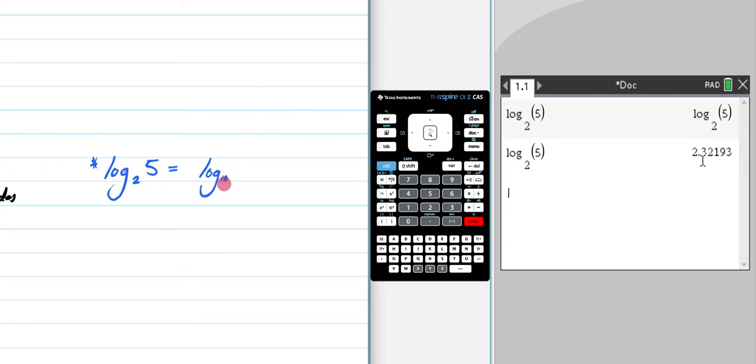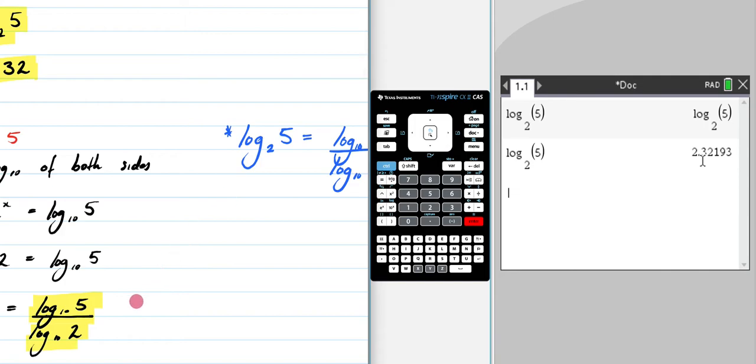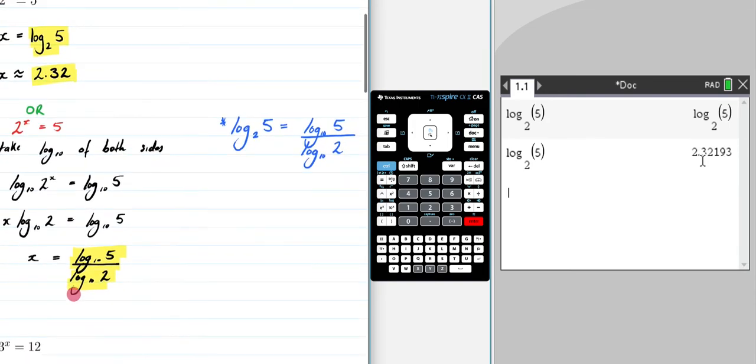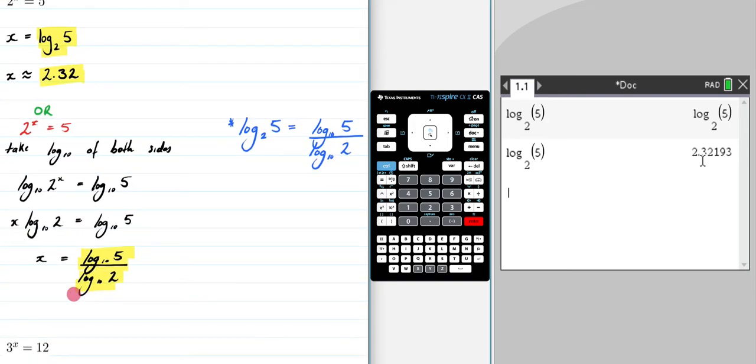But it could be base e, could be whatever you want, it doesn't matter. Then my argument can go here, then over log 10. So this is where you just have to make sure your bases are the same. It can be whatever base you want, they just need to be the same. And then you put in 2 there. These right here are the same. And what you've seen is, look, we got the same here, log 5 to the 2. So if I was to just zoom out so you can get a big picture of this, we have just done that. So this just proves a law about when you're changing the bases.